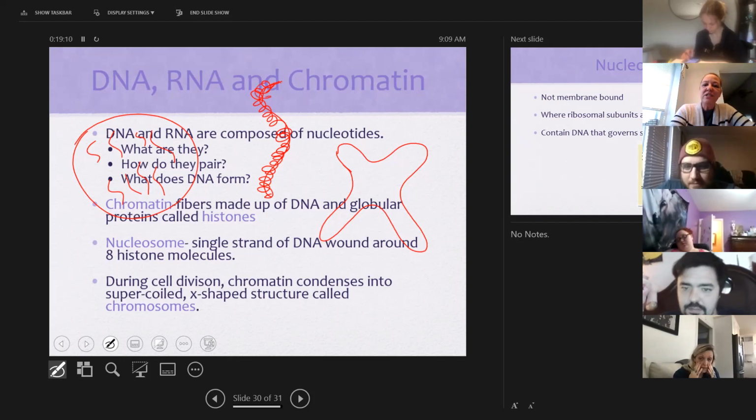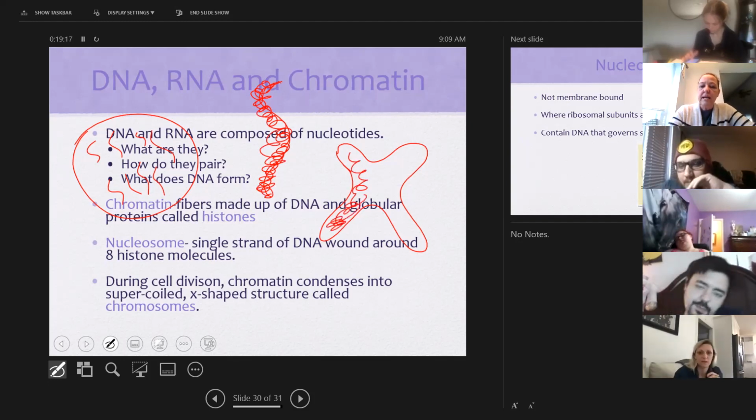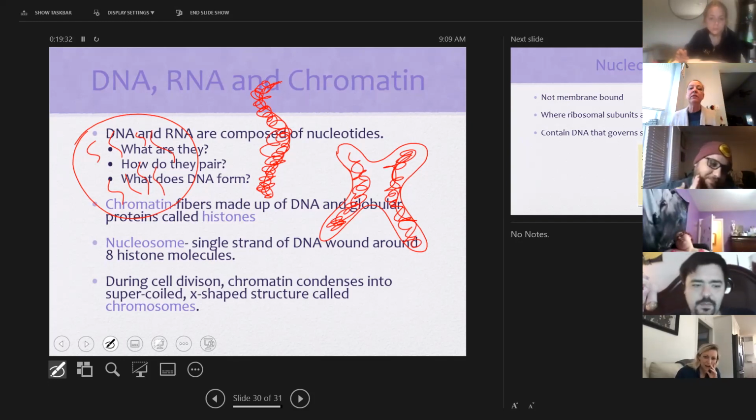All right, so we have this supercoil. And then what happens? We've got a supercoil organized now. Here I've got an exact copy supercoil. And this is what makes that chromosome the typical X shape. So that's what I mean by during cell division.